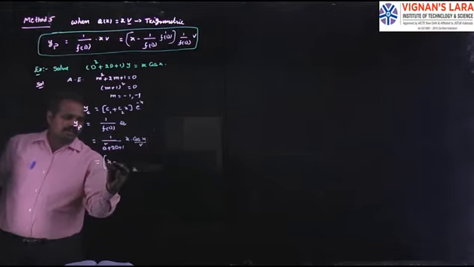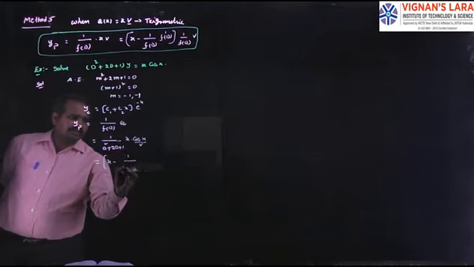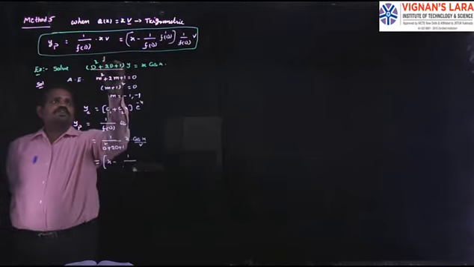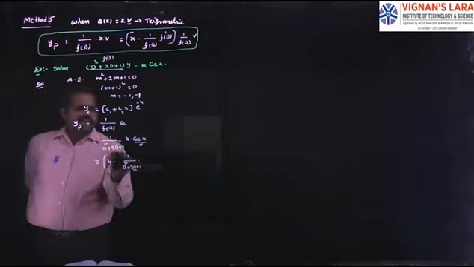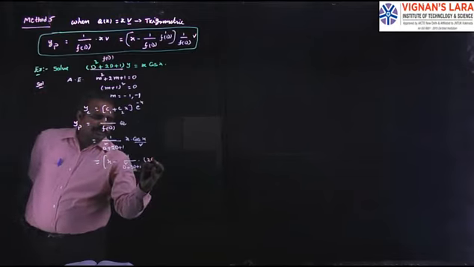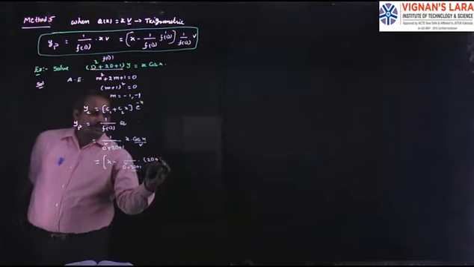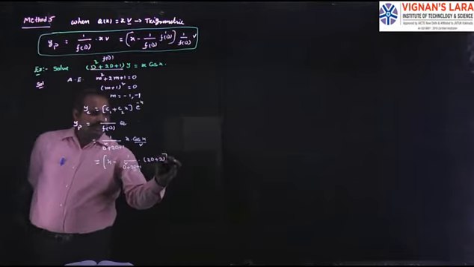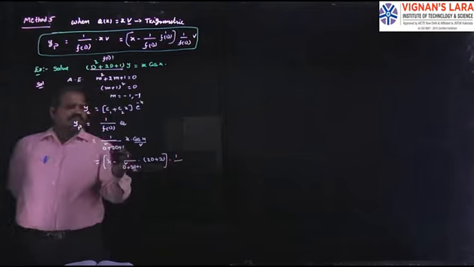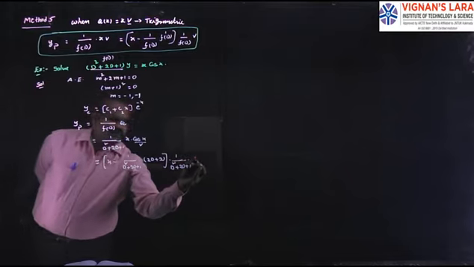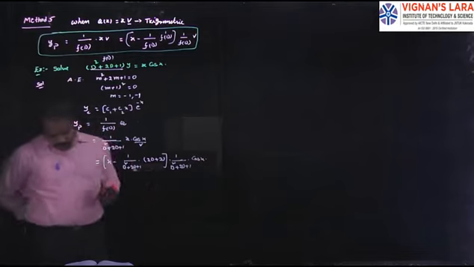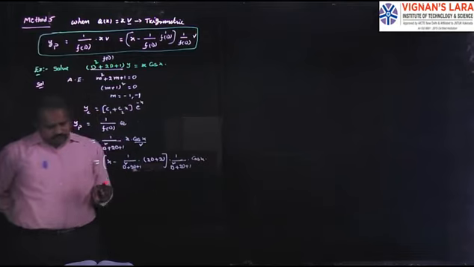Formula: x minus 1 by f of D, this one is our function f of D, into f dash of D. Derivative of this one: D square derivative 2D, 2D derivative 2, constant derivative 0, into 1 by f of D. The f of D value is D square plus 2D plus 1, into the v value cos x. In this way we are solving this one.